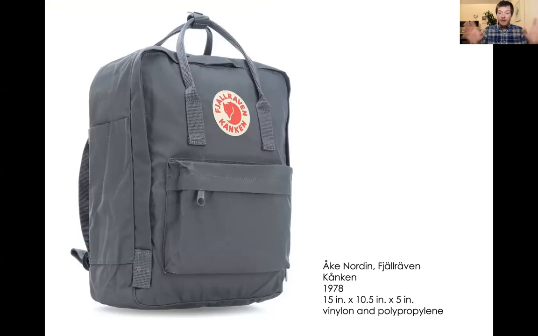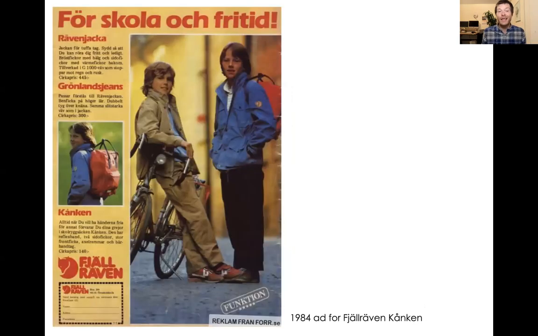It's made of vinylon and polypropylene. They use different materials now, and they come in all different sizes, but I'm thinking specifically about the very first one of these that was made in 1978. And I'm also thinking about that one in particular because it had a very specific purpose.